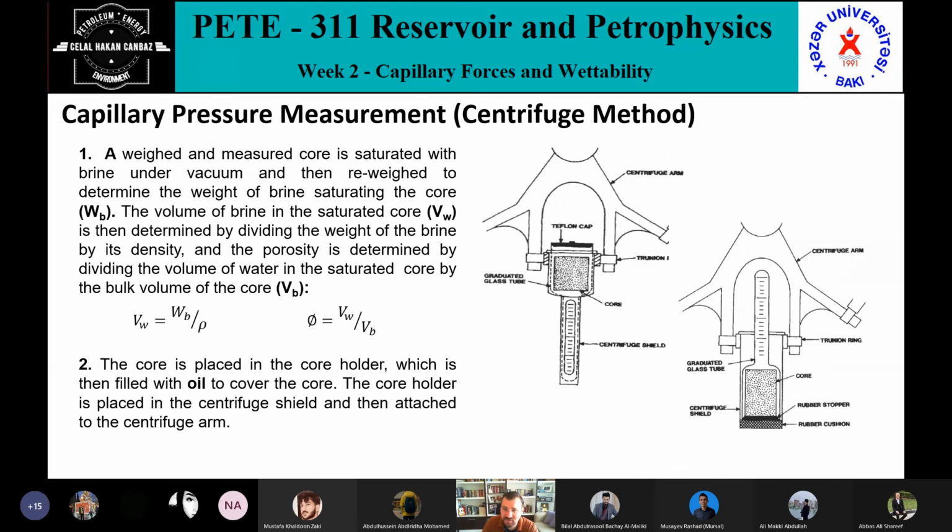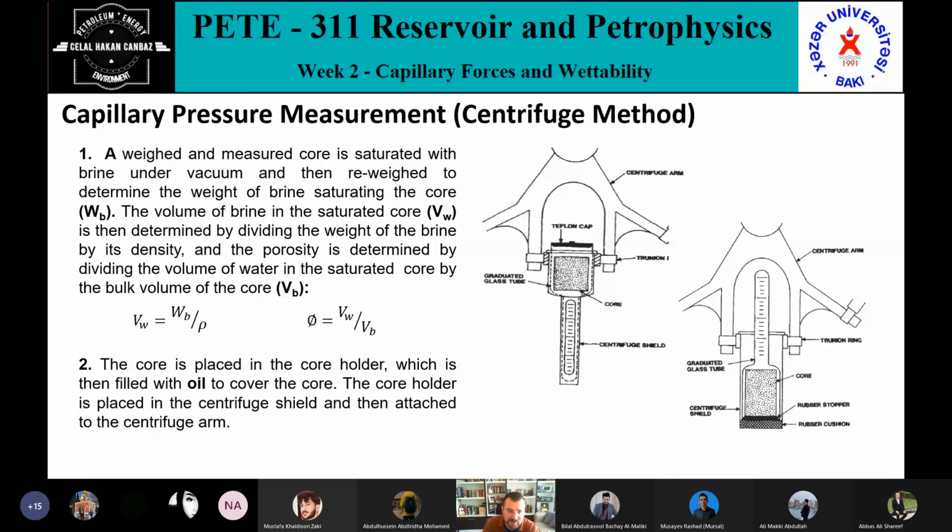Centrifuge method, I can see that one. Let's talk about the procedure of this a little bit. I have written the procedure here. A weighed and measured core is saturated with brine under vacuum, and then reweighed to determine the weight of the brine saturating the core. I record this weight as WB, weight of brine.